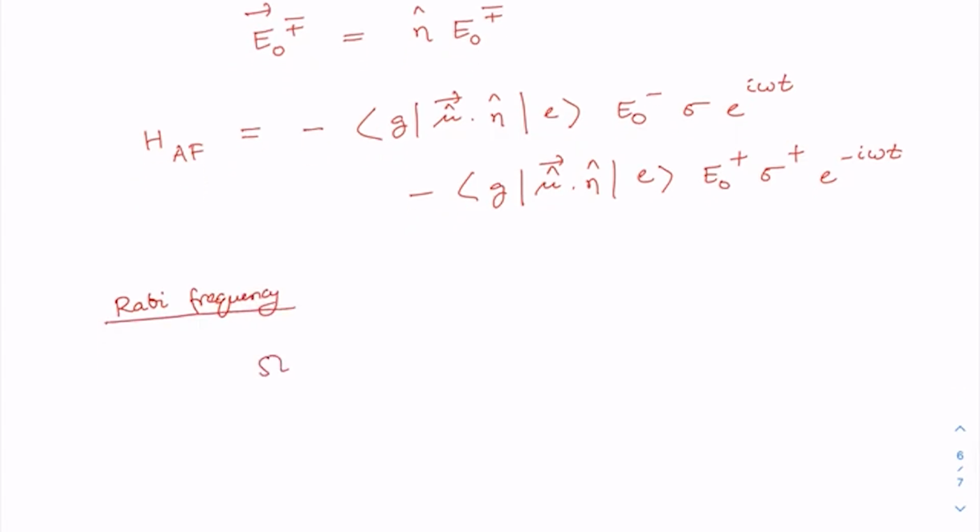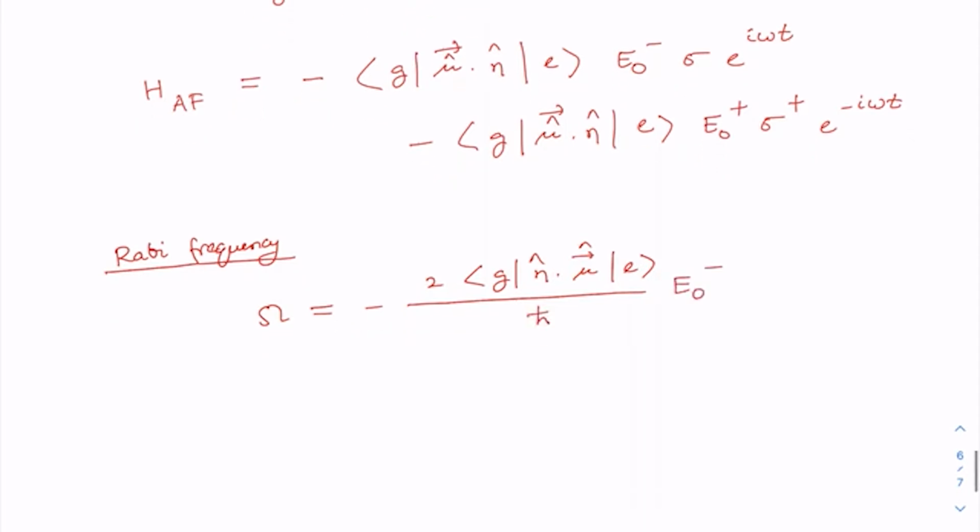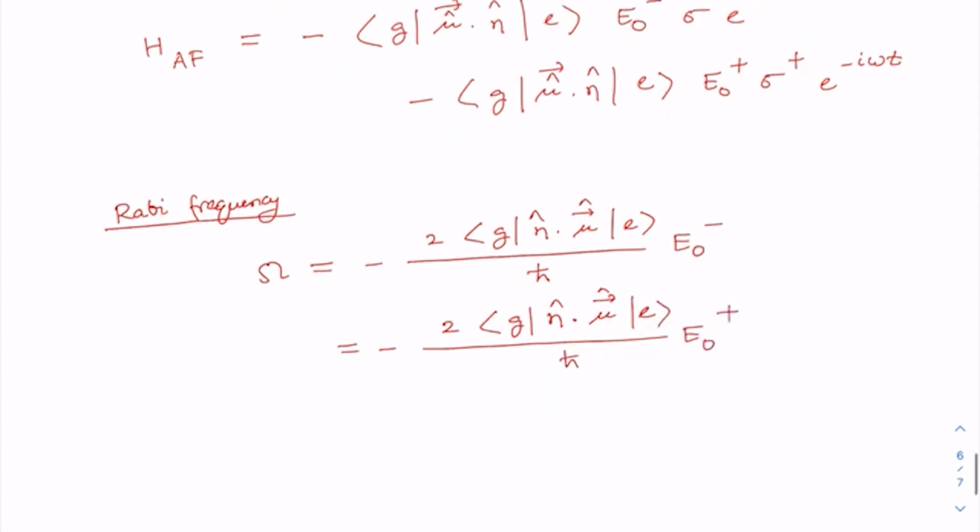It is defined as Ω equal to minus twice the matrix element ⟨Z|η cap·μ|E⟩ over ħ times E0−, which is equal to minus twice the matrix element ⟨Z|η cap·μ|E⟩ over ħ times E0+.